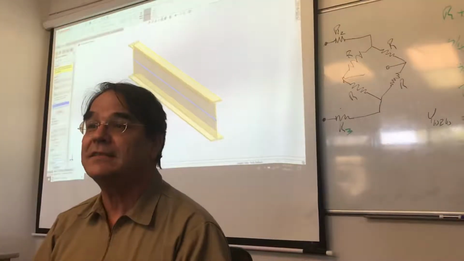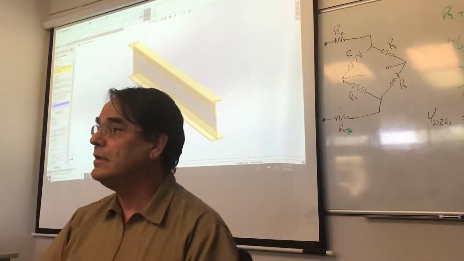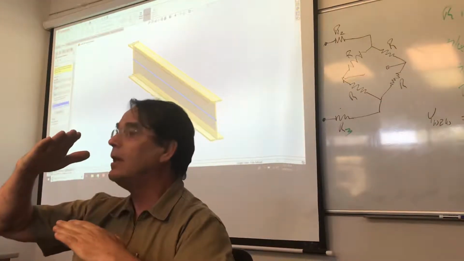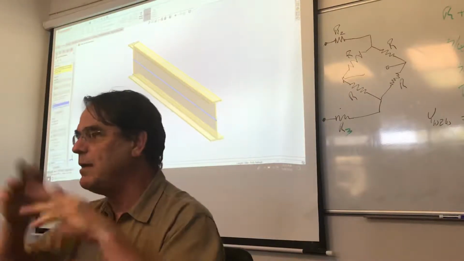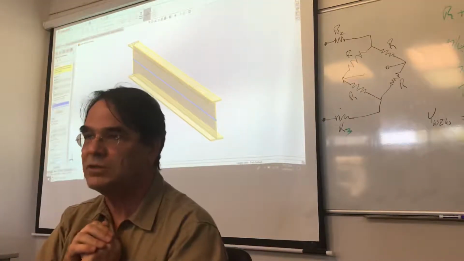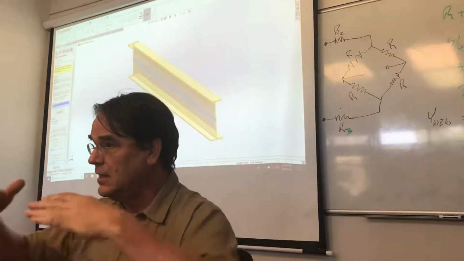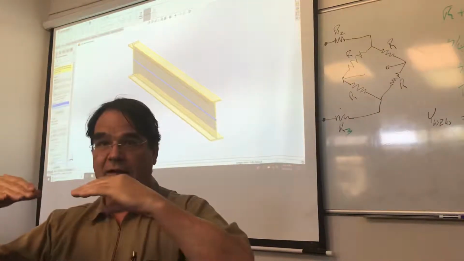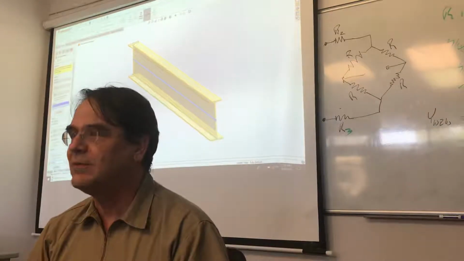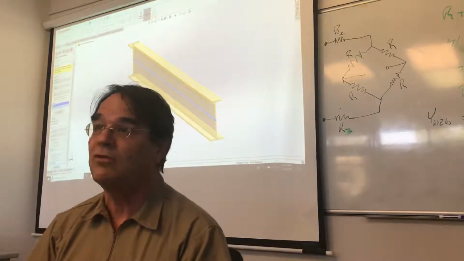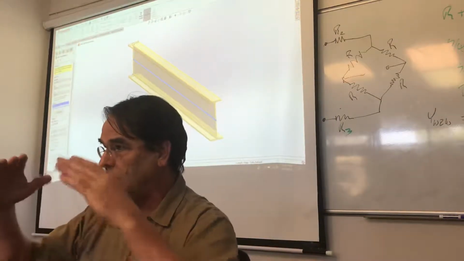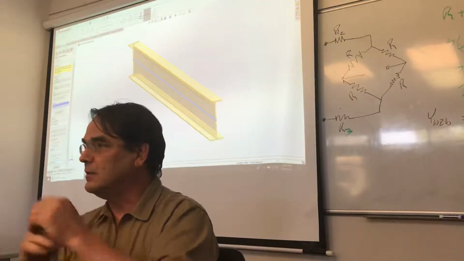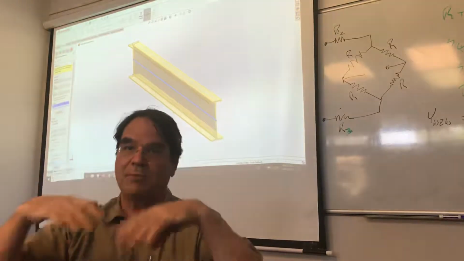No, the S sections, the inside is tapered like a channel, right? They're what our traditional I-beams originally were, considered S sections. The inside flanges are not flat, they're tapered. That's because when they first started rolling them, that's all they knew how to do. It was hard to do the flats, so they rolled them with tapers on them, so that the inside was tapered like a channel iron.